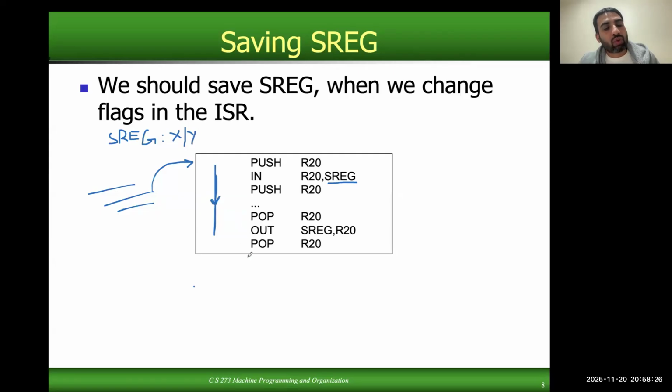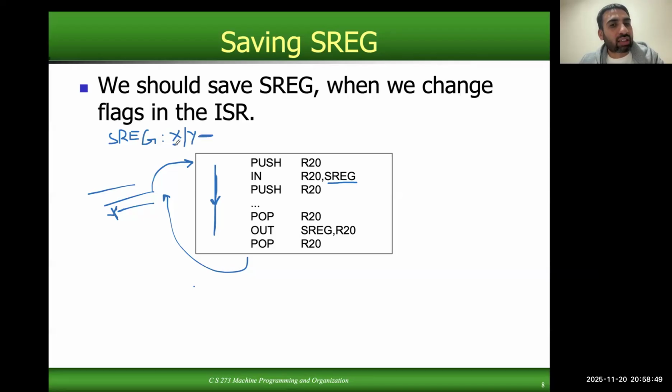Now when you go back from the ISR to the main program, the following instructions may depend on it. Let's say it is a conditional branch instruction, right? Whether that branch is taken or not depends upon the values of the flags in the status register. But what is the right value of those flags?